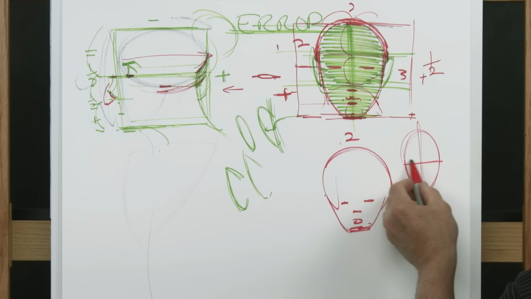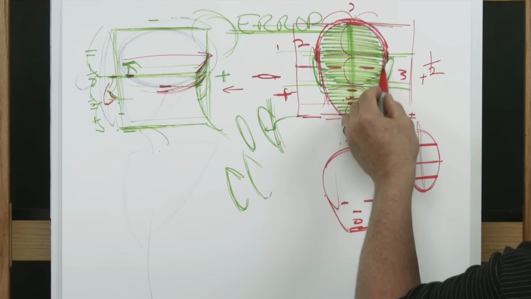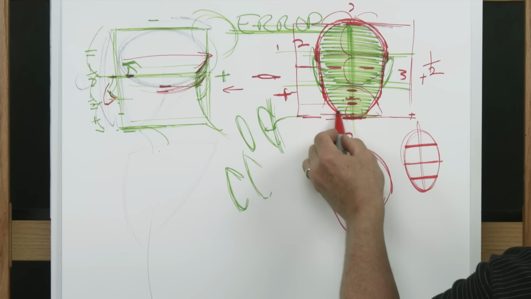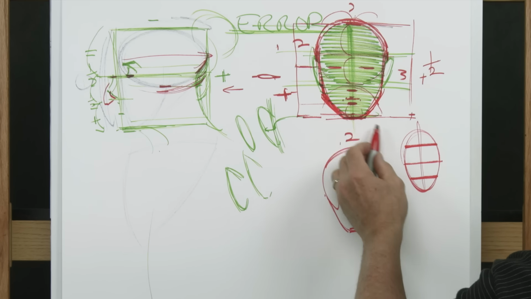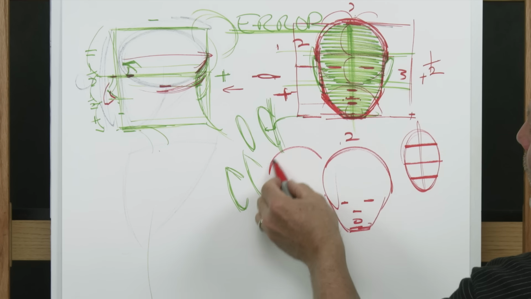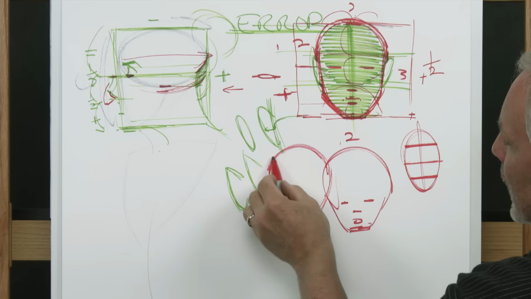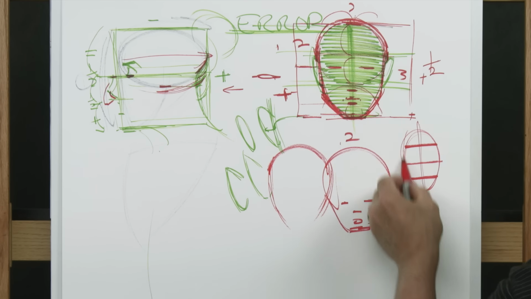The width up here is equal to the width down here. Whereas here, even with a strong-jawed male, the shapes diminish down towards the chin and fill out towards the skull shape. So it's more of a true chicken egg, where it's tapering down. It's a truer egg rather than just an ellipse.